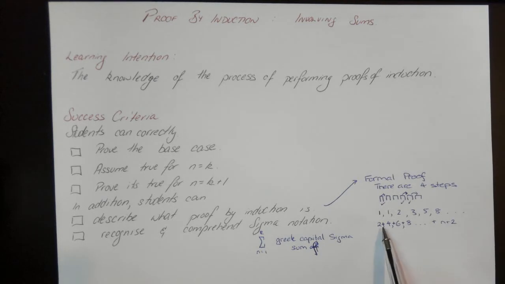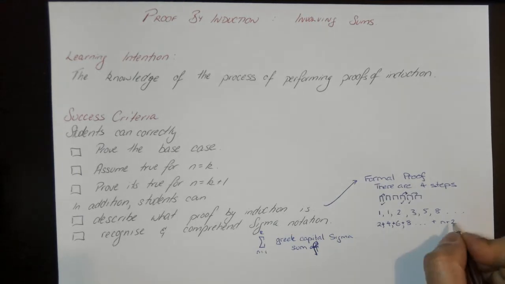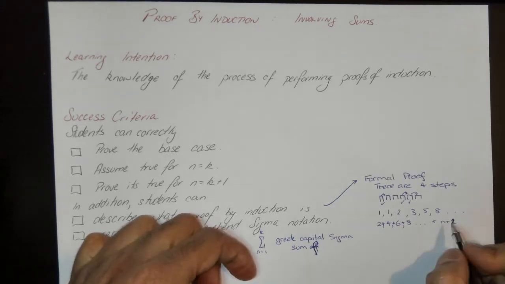So what this means is that we're adding all the even numbers, and the formula is 2n.